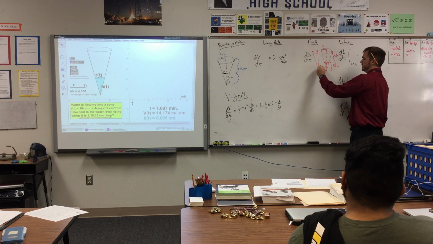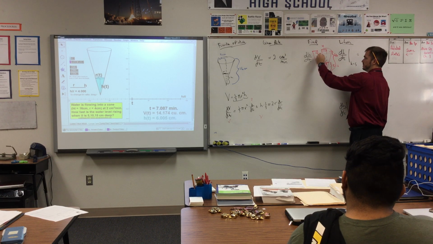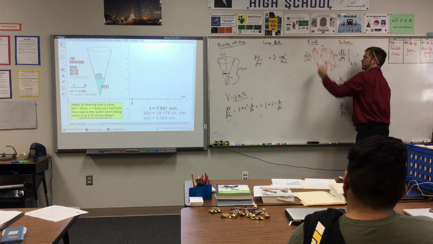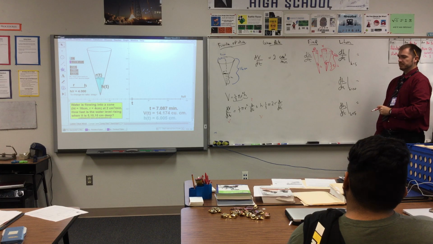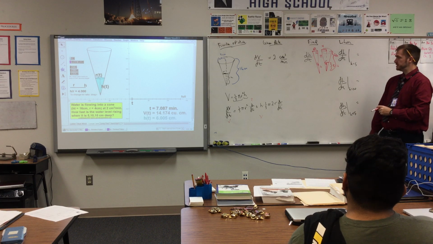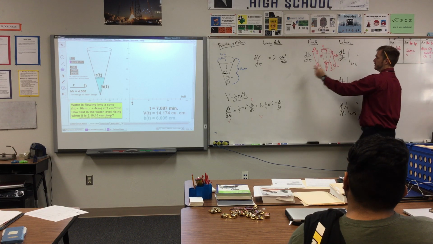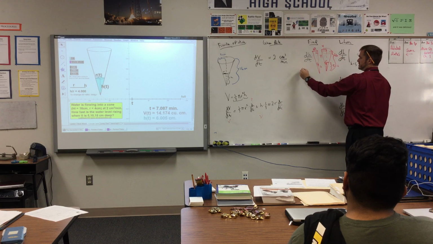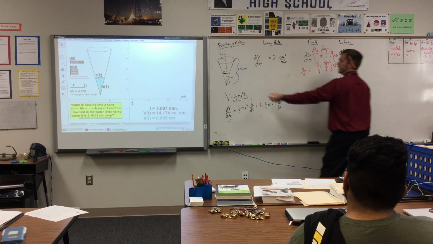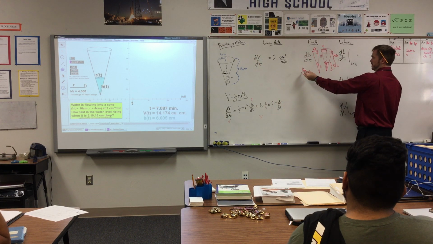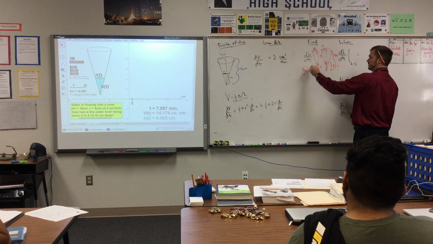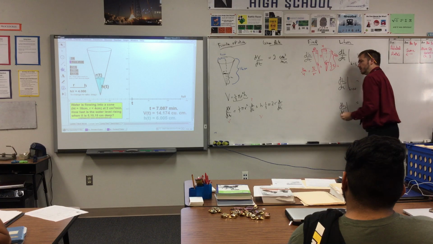So little h over little r is proportional to big H over big R, because those triangles are similar. Therefore I can say 16 over 4, the overall height over the radius, is equal to 5 over little r.